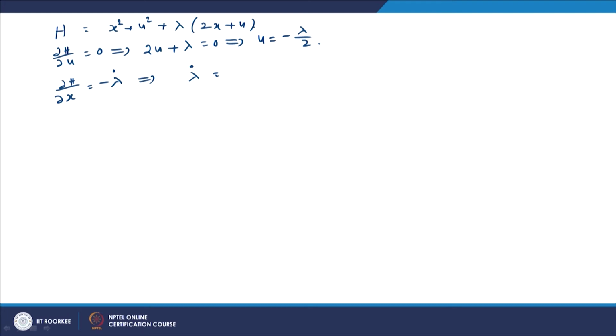If you differentiate h with respect to x, it is 2x plus 2 lambda, so lambda dot is minus 2x minus 2 lambda. And the problem already gives x dot equal to 2x plus u, where u is minus lambda by 2. So these are the two coupled equations.